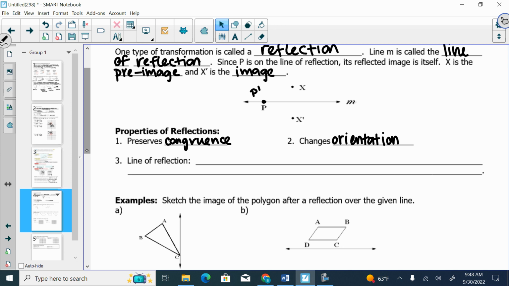All right, and then our definition for the line of reflection is the perpendicular, remember that's our symbol for perpendicular, bisector of every segment that connects a point and its image.